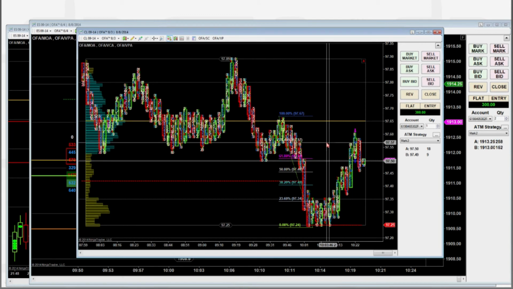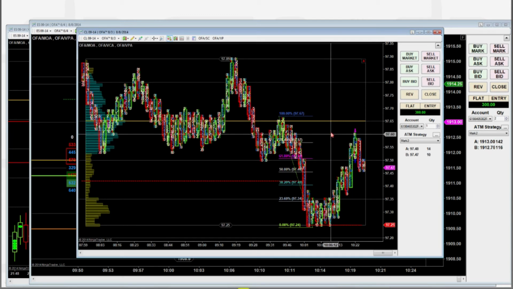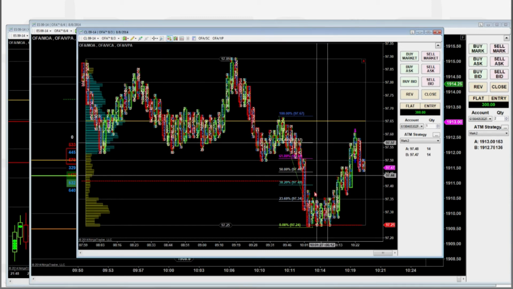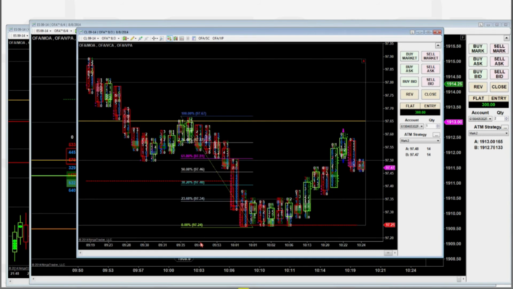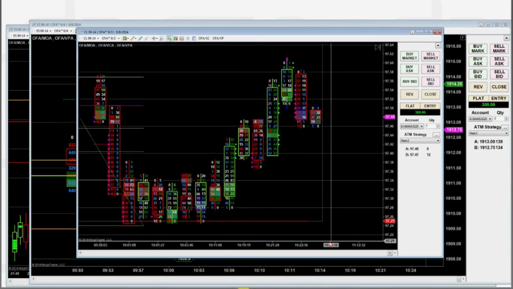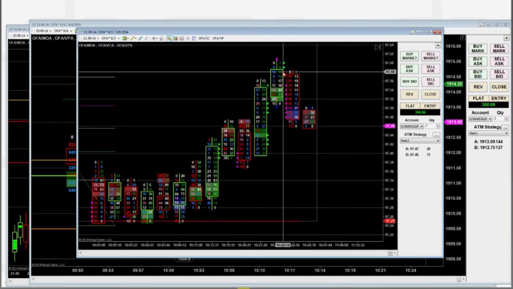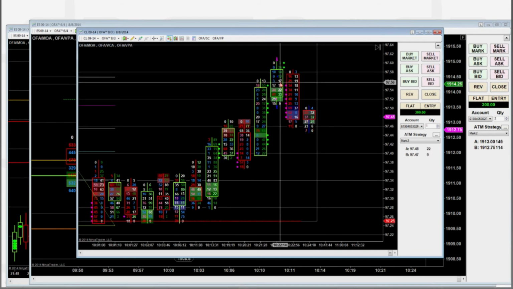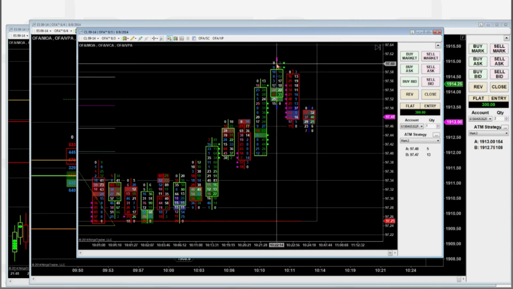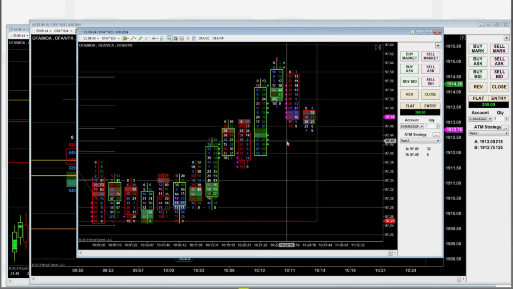Now, if I would have waited for 57, I would have been fine. I was willing to give it more than 3 ticks. I was willing to wait till 57, but as I looked at the print at the time when I got in, it showed weakness and strength at the bid, and then just came up and finished out up here.